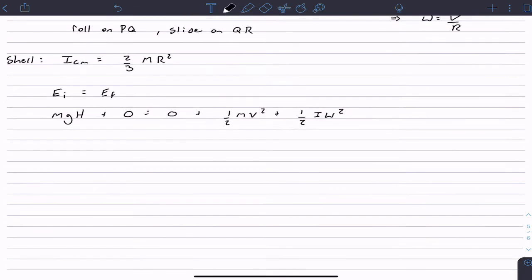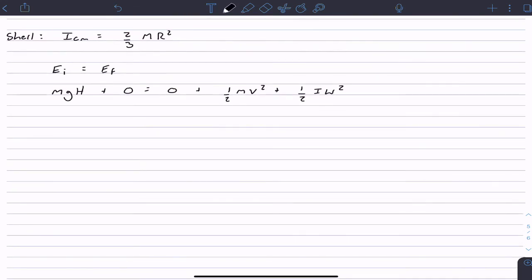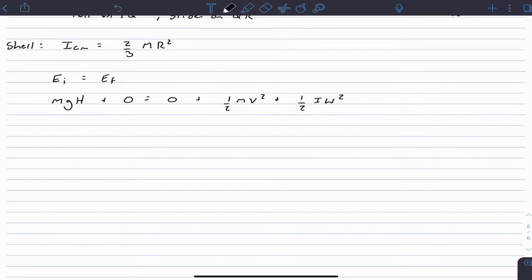Okay, not bad. And remember that we've actually defined I, our moment of inertia here, as this for a spherical shell. So that's very useful. So now we are here: half the mass times velocity squared plus half mass times the radius squared times omega squared.